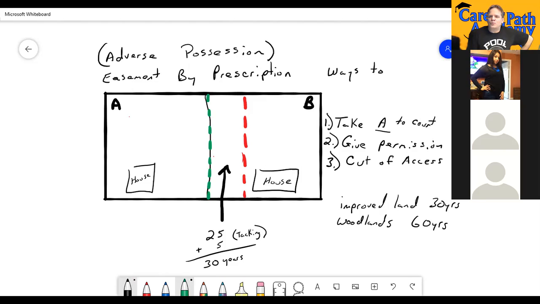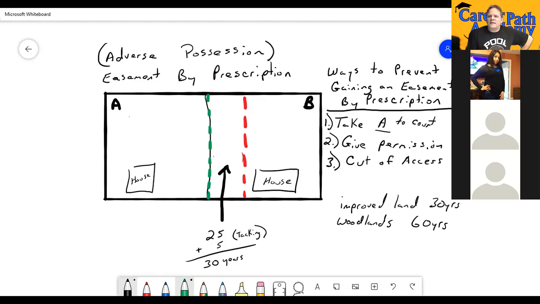Ways to prevent gaining an easement by prescription, adverse.